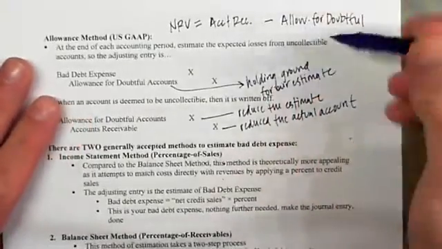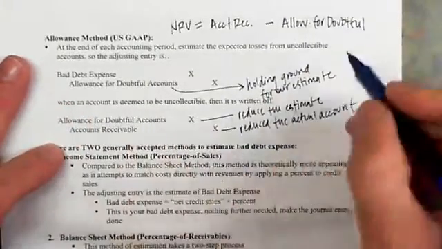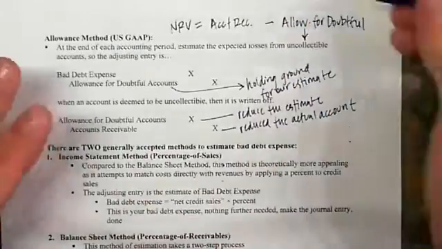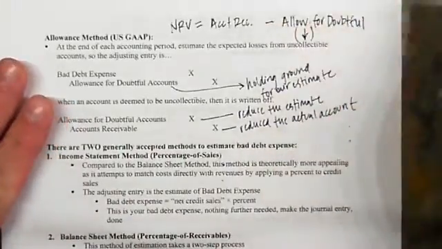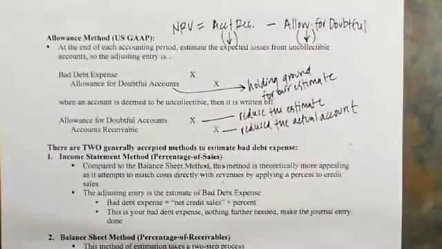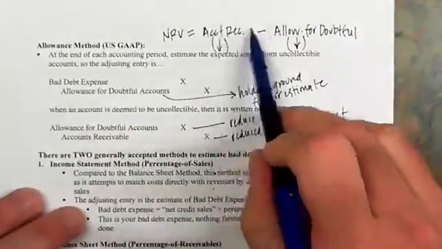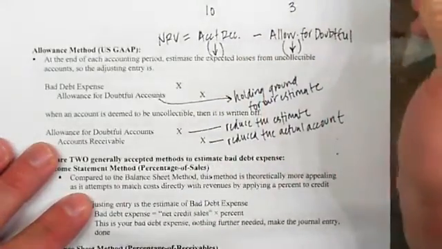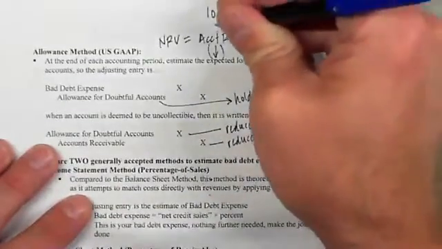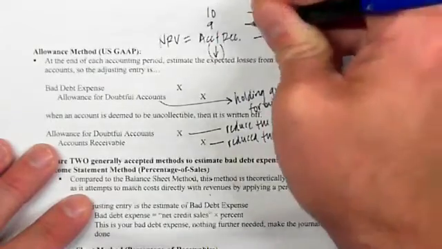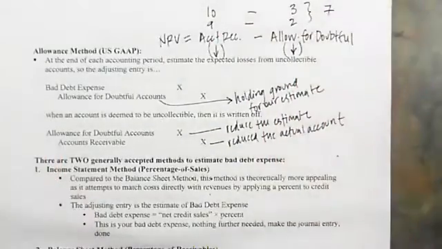So what am I doing with this entry? I'm reducing my allowance for doubtful accounts. So I'm reducing something that I'm subtracting, but I'm also reducing what I'm subtracting it from. So if this were 10, and this were 3, and I reduced them both by $1, 9 and 2, notice both of those give me 7.